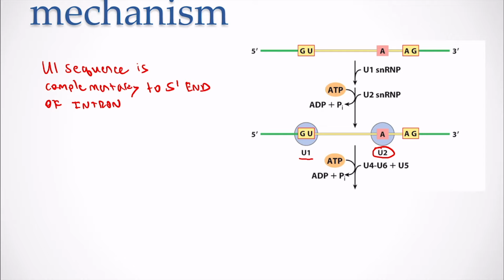So this adenosine, when it's bound to U2, is similar to what we saw for our type 2 intron splicing mechanisms. So U2 binds to adenosine. And this is going to, of course, cause eventually a bulge. Now U1 and 2 will bind, and then this will recruit U4 through U6 complex. And then U5 will bind, and it'll become an active complex.